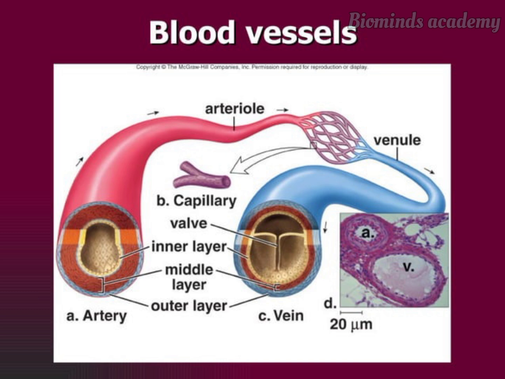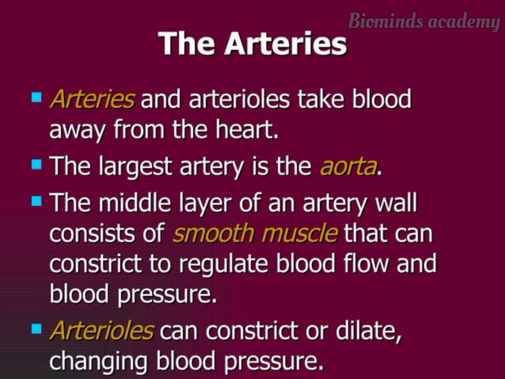The arteriole is a very small branch of the arteries leading into capillaries, which regulates the blood flow through vasoconstriction and vasodilation. And the venules are the small veins that receive the blood from the capillaries and merge to form the larger veins.